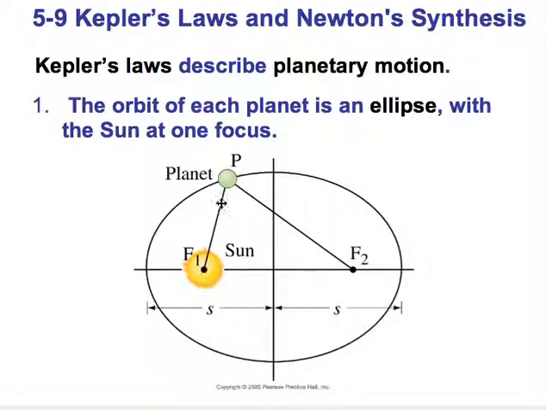If you put two tacks here and put a string of fixed length here, you can draw an ellipse. So the sun's at one focus and the planets actually orbit in ellipses instead of circles. Now they're really close to circles, but they're actually ellipses.